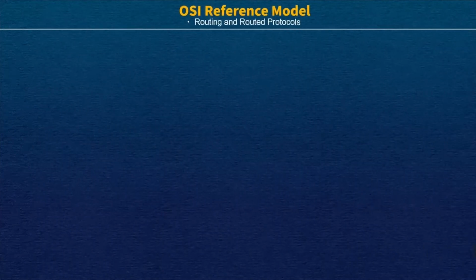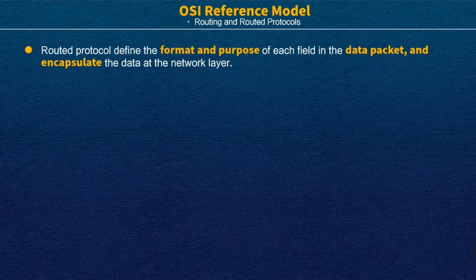And the next function of the network layer is routing, right? And of this part, we have two protocols. The first protocol we call the routed protocol, and it defines the format and purpose of this layer. For example, what message should be added when we do the encapsulation of the network layer.